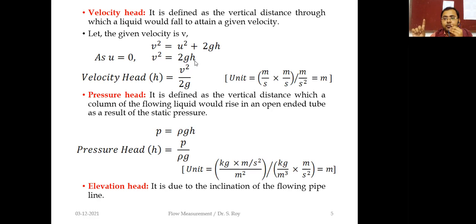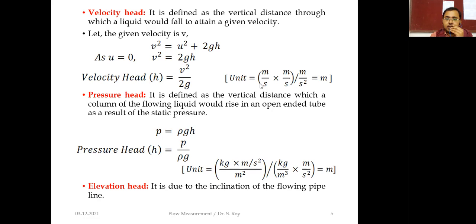And we are talking about head, the velocity head. We are not talking about the velocity itself. Head means height. So the velocity head expression is v square divided by 2g. That is the difference between the velocity and the velocity head. Velocity is v, but the velocity head is v square by 2g.